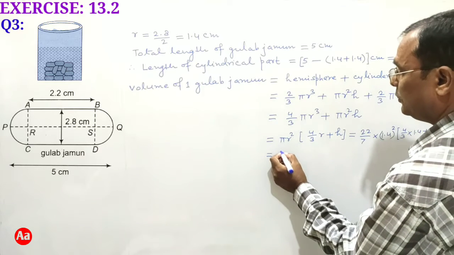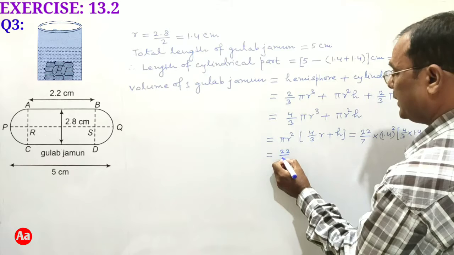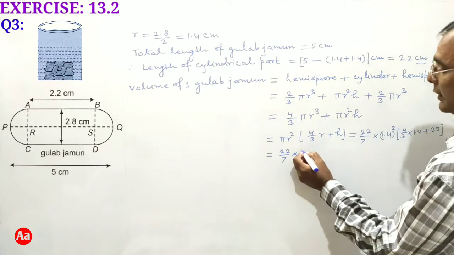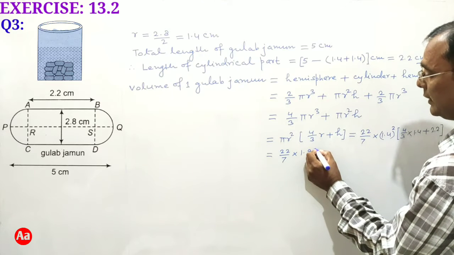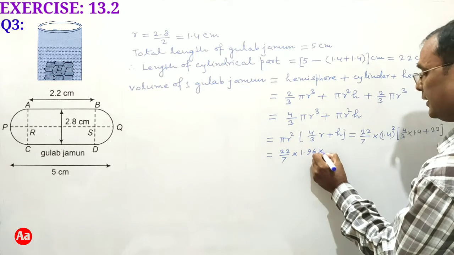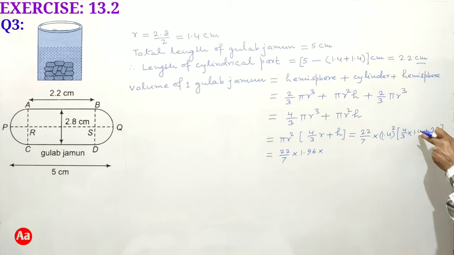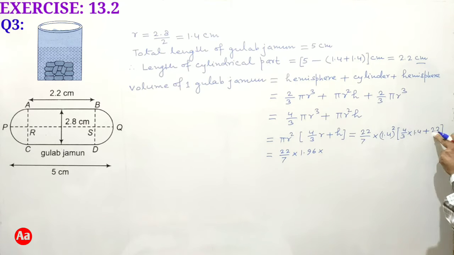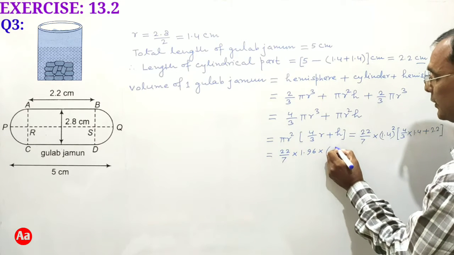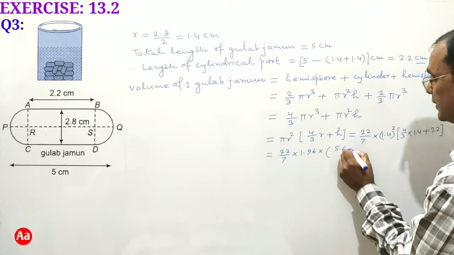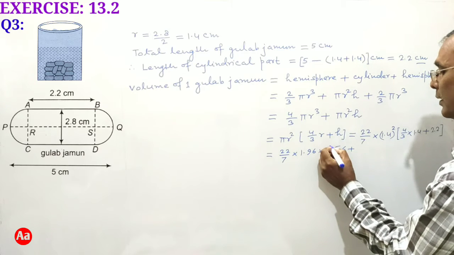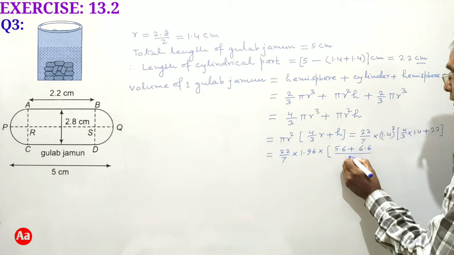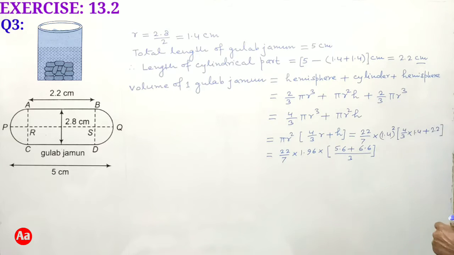This is equal to 22 by 7 into 1.4 whole square, 1.96, into 4 into 1.4, 5.6, plus 3 into 2.2, we can write in this way, 5.6 plus 6.6, divided by 3.